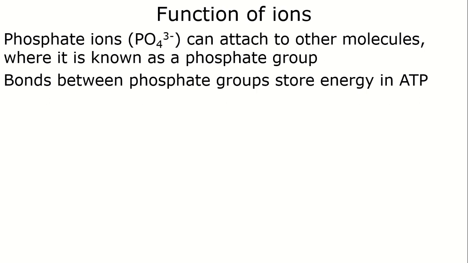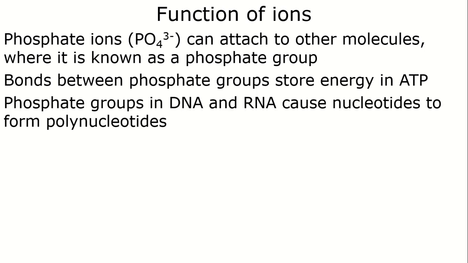Bonds between phosphate groups can store energy, like we saw in ATP, and phosphate groups are very important in DNA and RNA because they cause that bonding which converts them from one single nucleotide into a polynucleotide chain. If we think about a nucleotide, we've got our phosphate group sticking out, and this phosphate group will bind to the pentose sugar in an adjacent nucleotide, forming that phosphodiester bond.